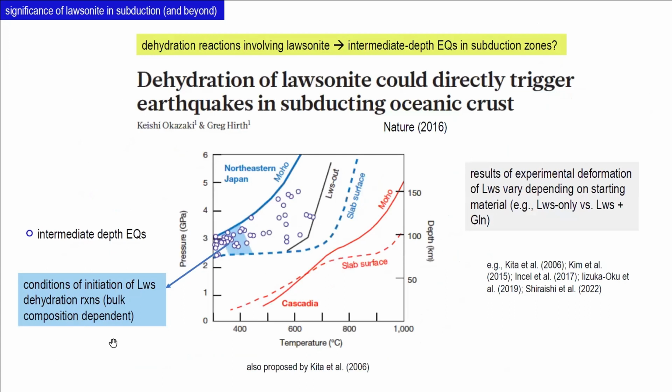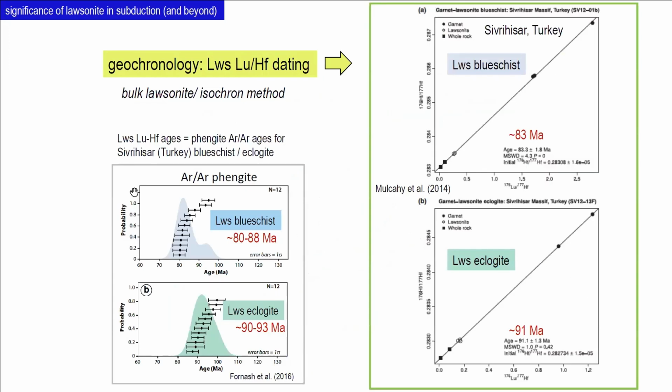And as lawsonite participates in dehydration reactions, not just the lawsonite-out, but throughout the prograde subduction history, its dehydration, along with other hydrous minerals, has been proposed to contribute to intermediate depth earthquakes, though there's of course ongoing debate about that.